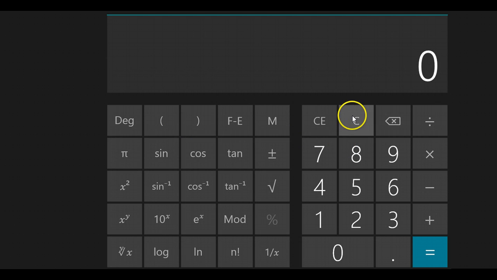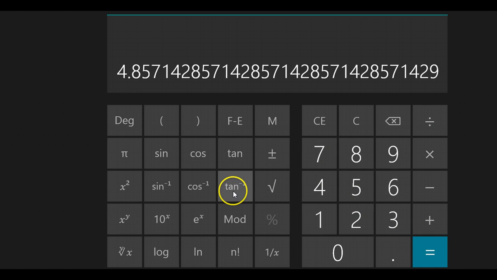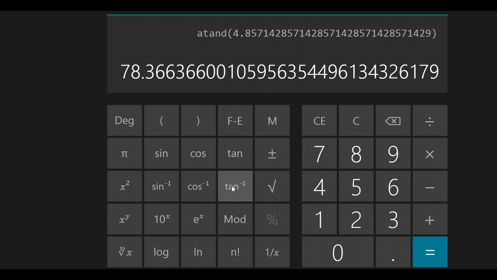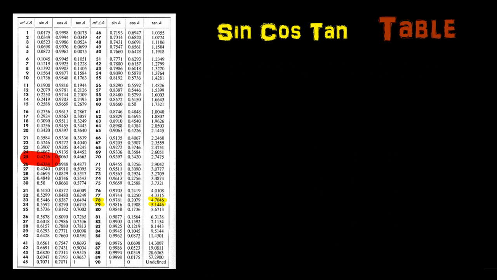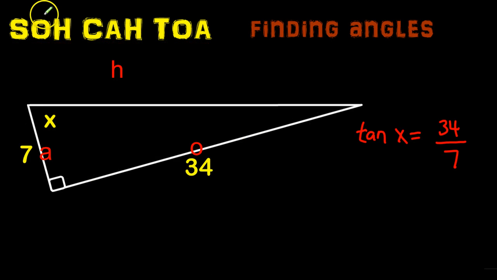So we're going to do 34 divided by 7, and then we're going to do the inverse tangent of that, and well, it was closer to 78, 78.37. So the inverse tangent of 34/7 is 78.4 or 78.37.